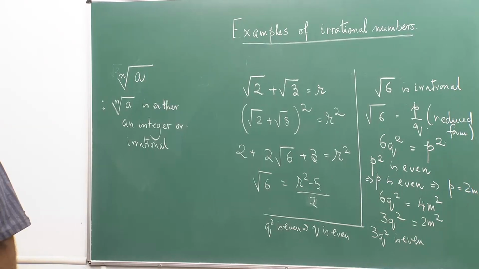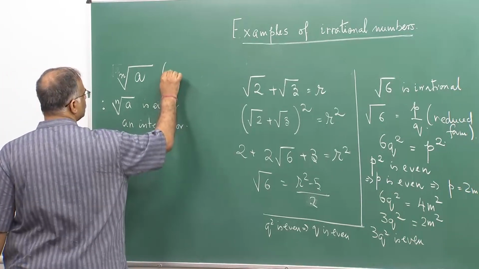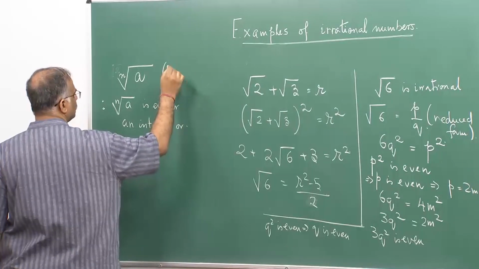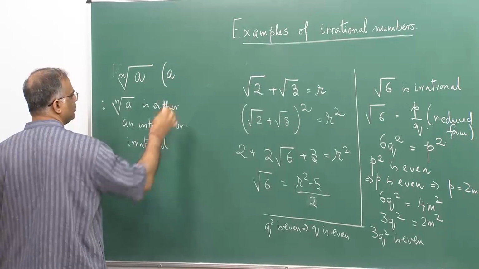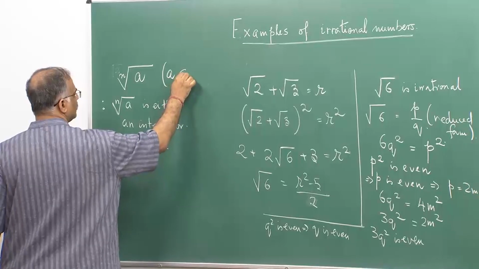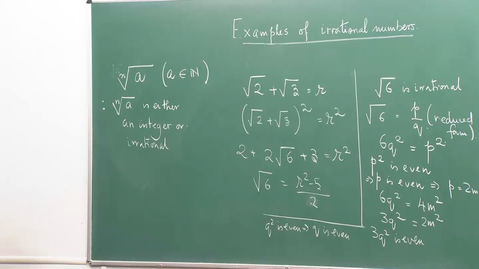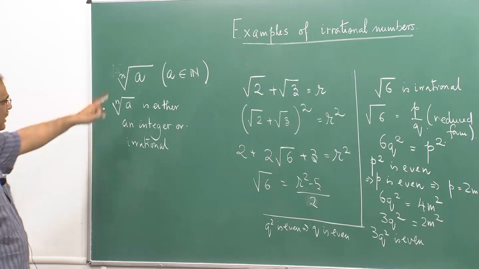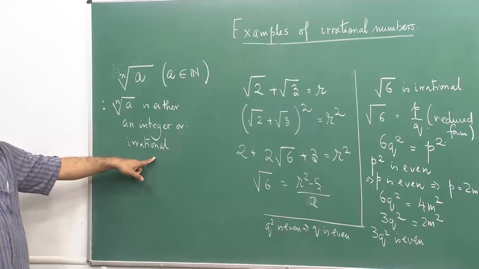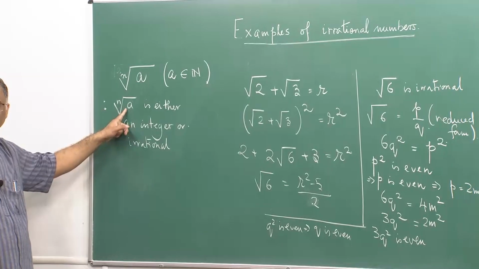So, a possibly is an integer. So, when is this an irrational number? The interesting thing is that this is either an integer or irrational. It is never in the fractional form.